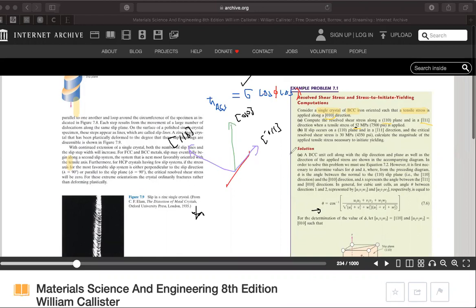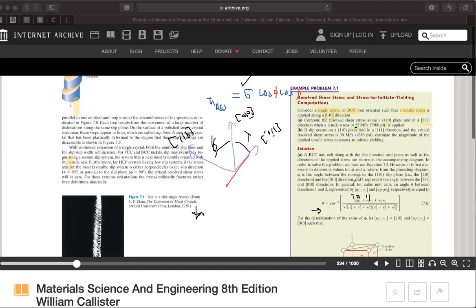So this is lambda, and this is phi. To find lambda, we say -1 times 0 plus 1 times 1, and you do the rest between each two vectors.